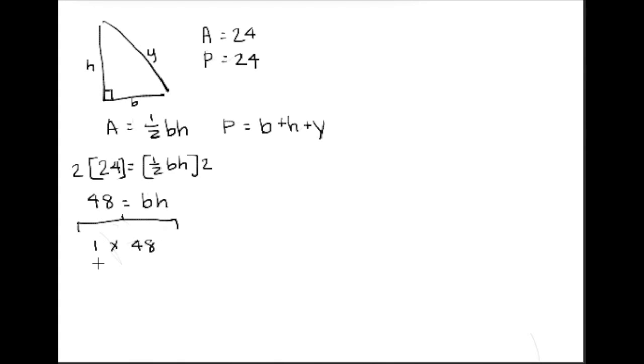So 1 times 48 equals 48, 2 times 24 equals 48, 3 times 16 equals 48, 4 times 12 equals 48, and 6 times 8 equals 48.